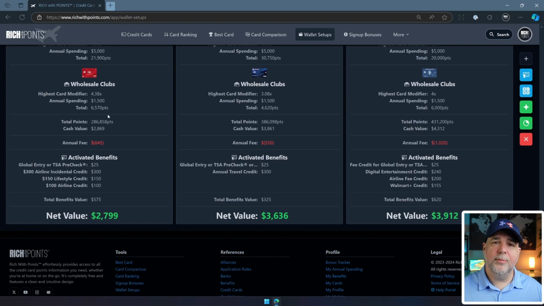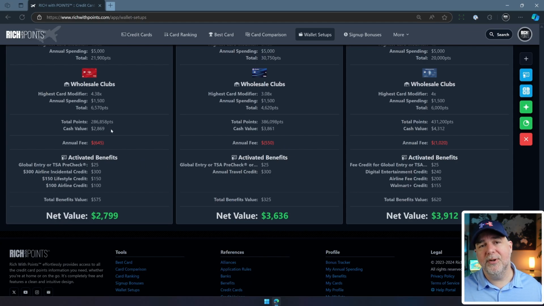So with Bank of America, you got that 1.25x on all of your point redemptions in the portal. With Amex, you only get 1 cent per point in the travel portal. So if you're not using the transfer partners, Amex sucks. I mean, you're just getting 1 cent per point. Whereas with Chase, you're getting 1.5 on the Reserve, 1.25 on the Preferred, 1.5 on the Reserve, which is what I recommend.